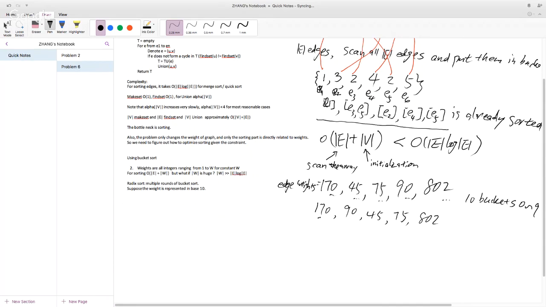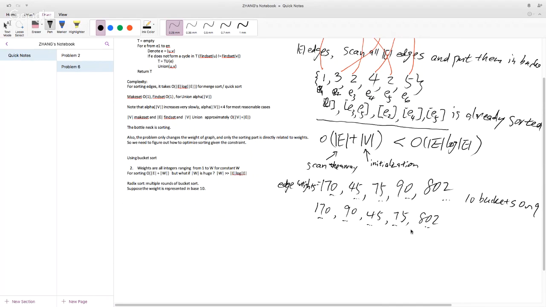And let's consider the second last digits. We only consider the second last digits and the results of the bucket sort. And we should always put the small number first.